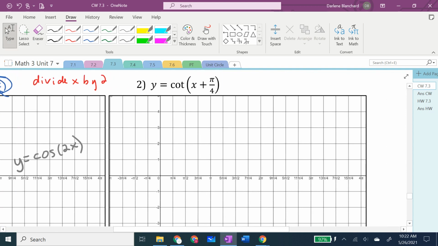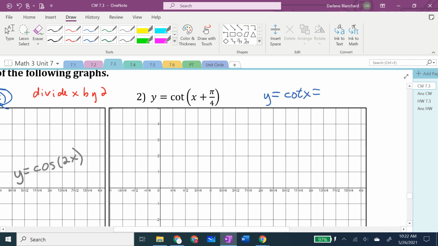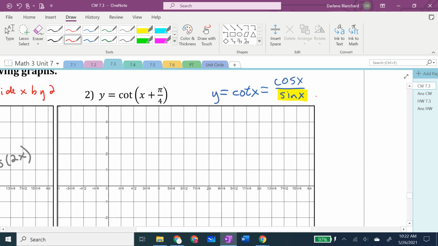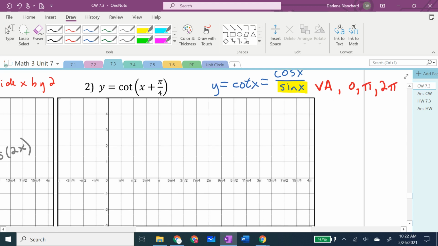Cotangent. We just recently graphed cotangent. In the future, you're not going to remember exactly what it looks like, but you're going to remember that cotangent is cosine divided by sine, and that we are going to have vertical asymptotes where sine is equal to 0, which means 0, pi, 2 pi, and so on.